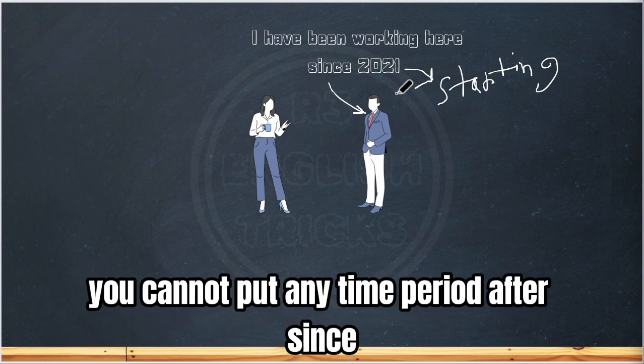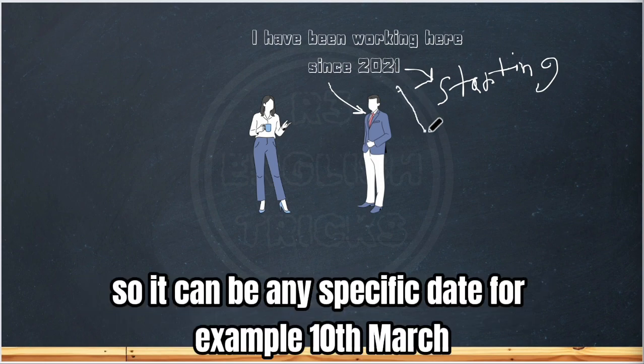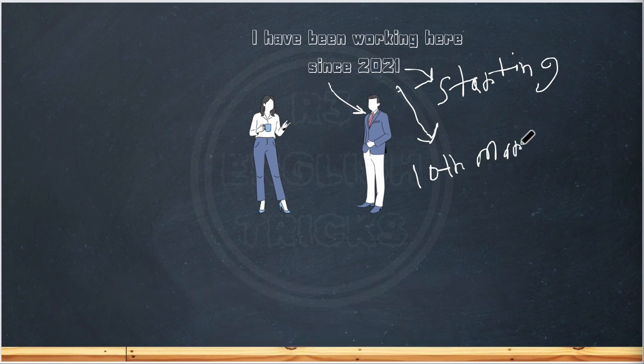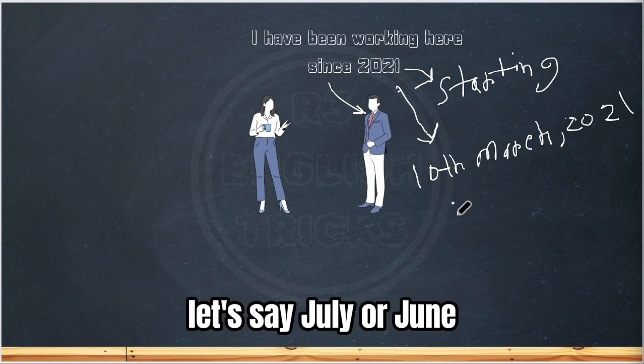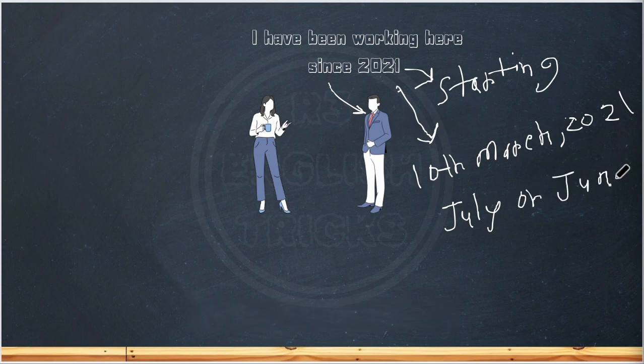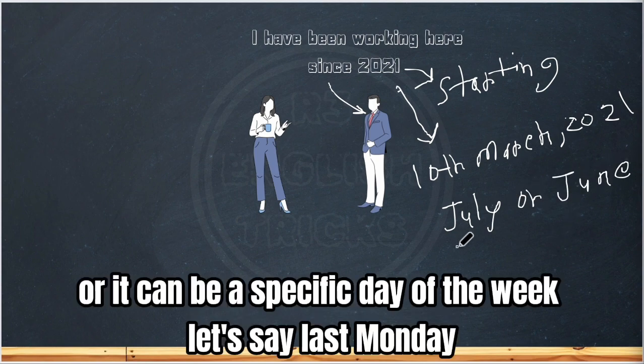You cannot put any time period after "since". So for example, it can be any specific date, for example 10th March 2021, or it can be any specific month of the year, let's say July or June, or it can be a specific day of the week, let's say last Monday.